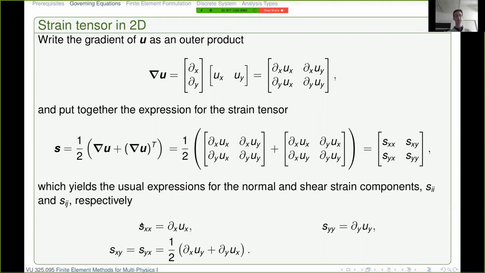So sxx is simply the x derivative of the x component of the displacement. Similarly, syy, and for the shear strains, we have 1/2 of the mean between the mixed derivatives. So uy, the y component derived with respect to x, and vice versa, the x component partial derivative with respect to y. And you can also see that we have obtained a symmetric formulation.